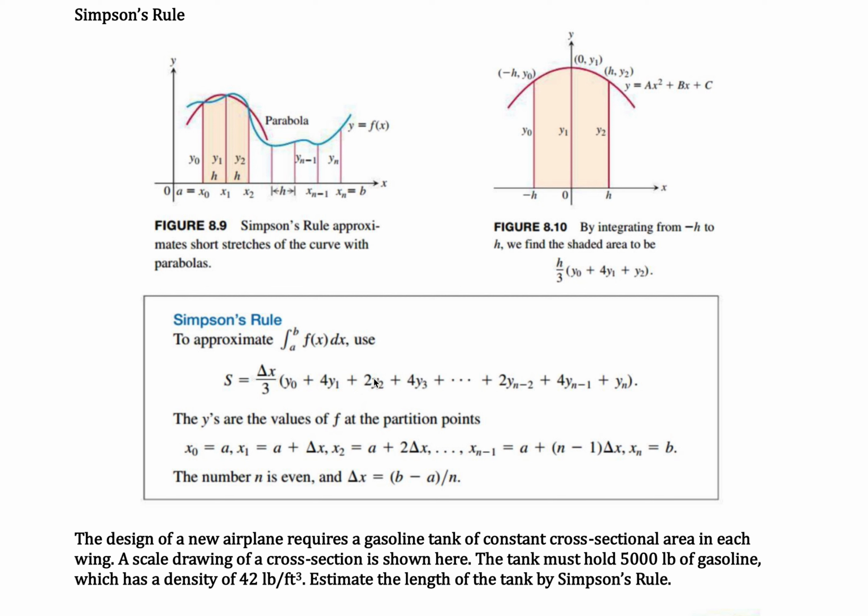Now, in case you're wondering where the 2 comes from, when here it was y sub naught plus 4y sub 1 plus y sub 2, that y sub 2 is going to be the left endpoint for the next two regions, so it'll get doubled, hence the 2. So in this case, you just need to remember that 4 and 2 pattern when you're working it.